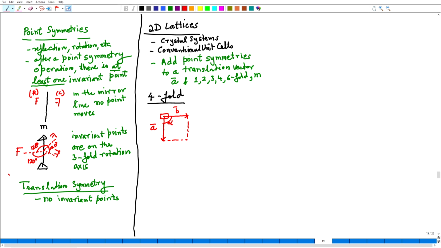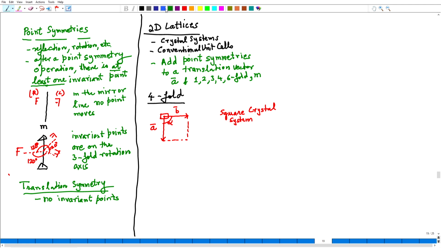Now, since there is a four-fold, this unit cell naturally comes out to be a square, and hence the crystal system that we call this is the square crystal system, and the unit cell to define the lattice would be putting the corners on this particular cell.